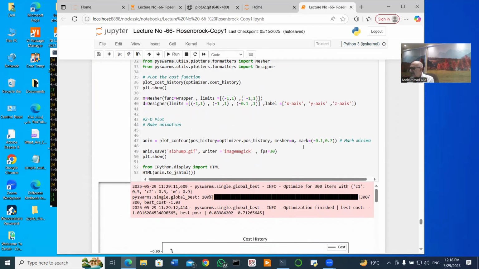We here add a mark, a point on the graph, which is supposed to be the point where the particles are going to converge. In other words, these are the coordinates of the optimized value or the optimum value. I am suggesting it to be -1 and 0.7. It could be 1, it could be -0.7 and 1.0.